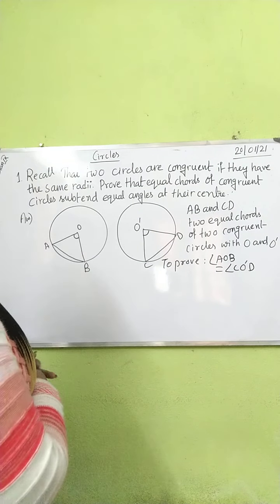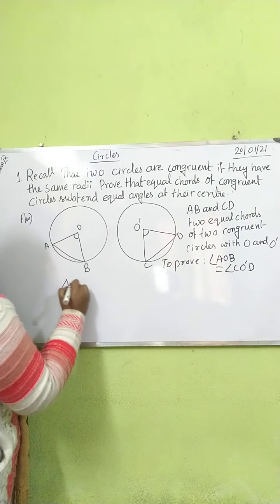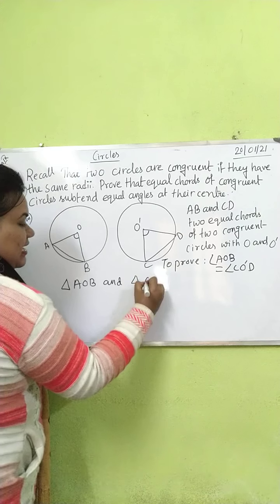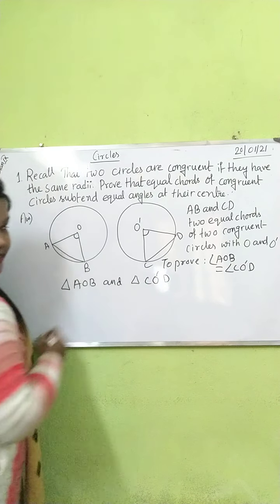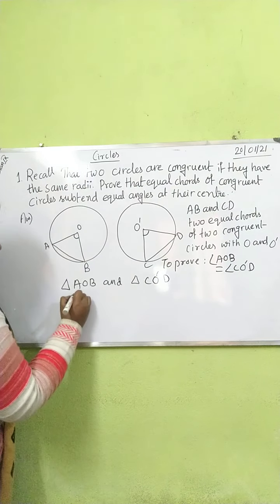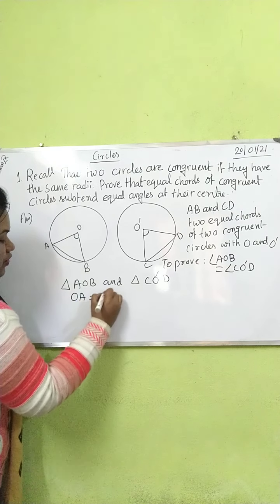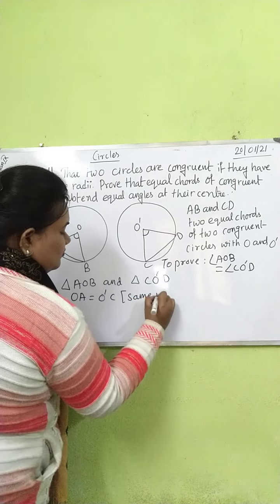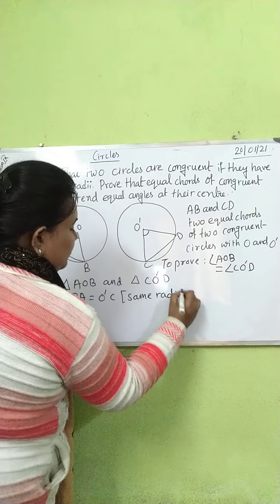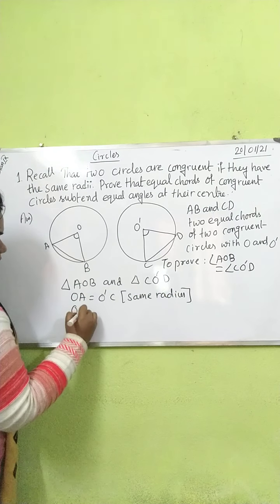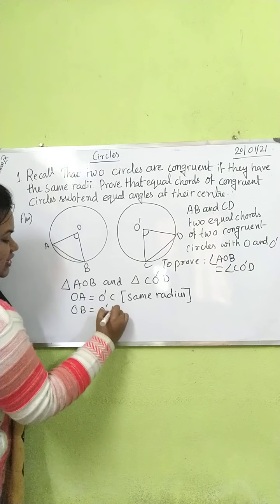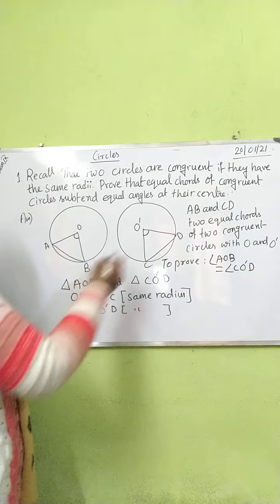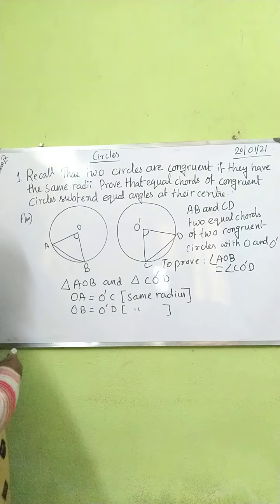Let's write that in triangle AOB and triangle CO dash D, we can write that OA is equal to O dash C because of the same radius. Same, we can write OB equals O dash D, same thing, radii are the same for congruent circles.